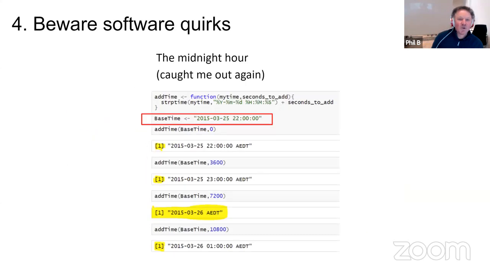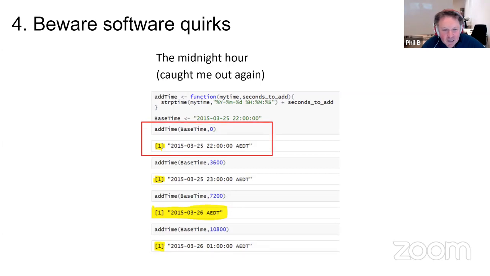Beware of software quirks. This is another one that caught me out. This is again our code. I'm wanting to add time. I've got a particular date and I want to add a number of seconds and then record that new time with the seconds added in the database. So I started off with this base time of 25th of March 2015, 10 p.m. I'm going to add no seconds to it, so I get the same answer.